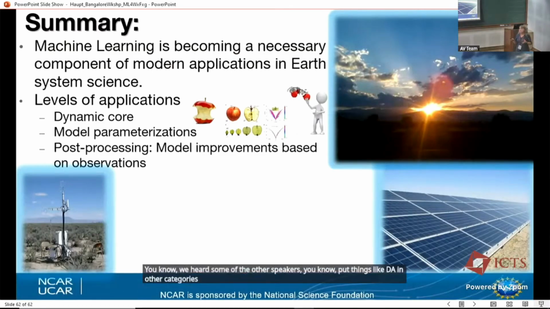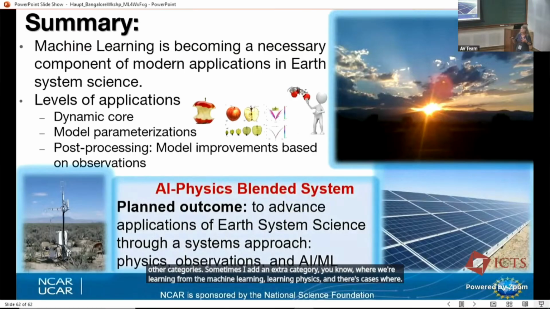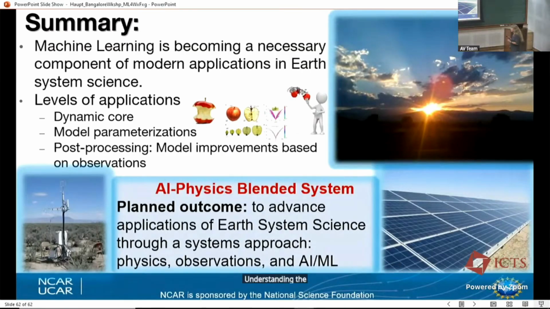Sometimes I add an extra category, where we're learning from the machine learning physics, and there are cases where that happens, kind of like that hail case. But what we're seeing as we're evolving in time is that we're planning this outcome of having better models and understanding the physics better, because we're blending the physics, the observations, and the machine learning. So thank you.